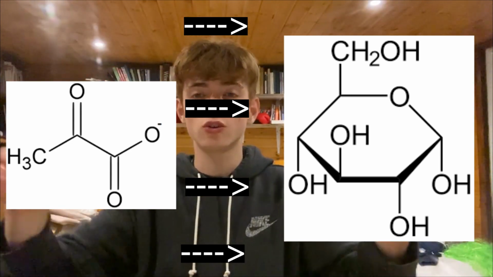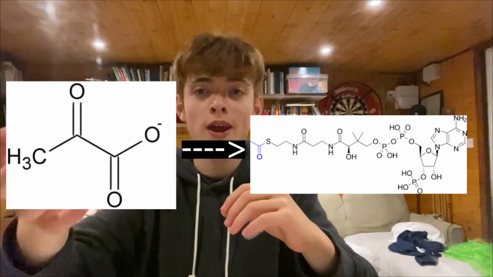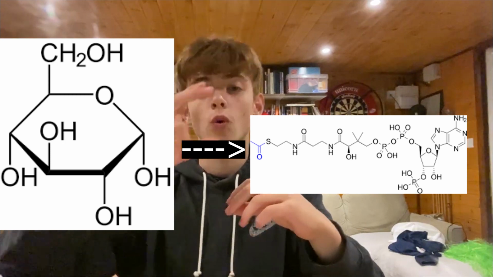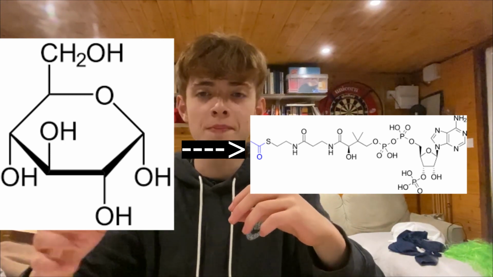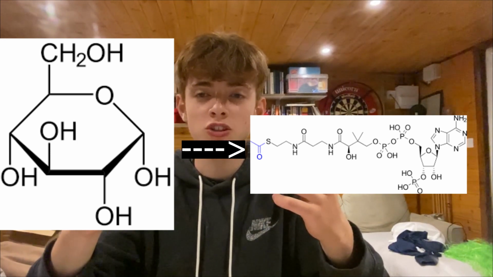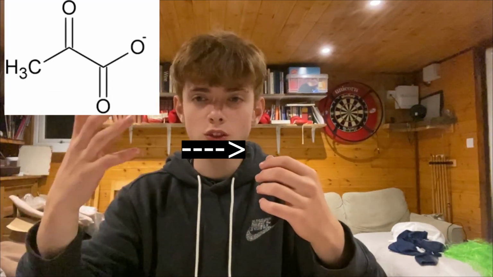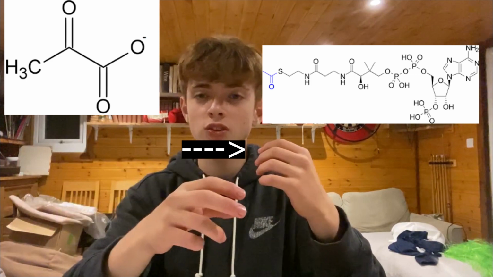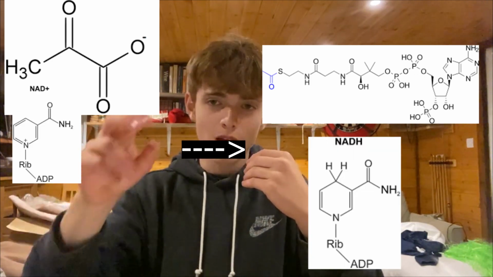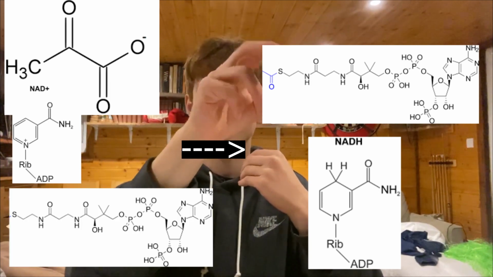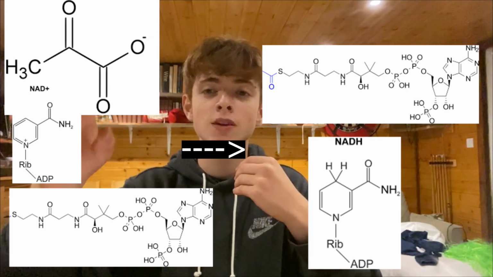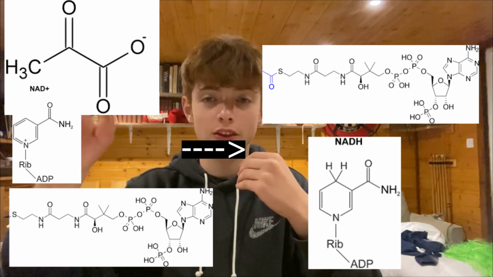But one thing it can do is turn into acetyl-CoA to essentially complete the path from glucose all the way to acetyl-CoA. And this happens in one simple reaction where pyruvate turns into acetyl-CoA using the coenzymes NAD+ on the left side, NADH on the right side, also with a CoA-SH molecule that is the reason the CoA can be added onto the acetyl group.